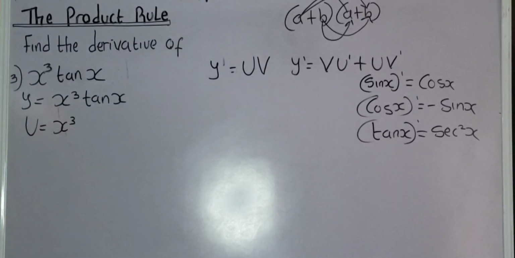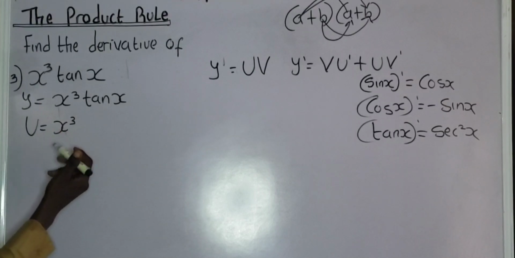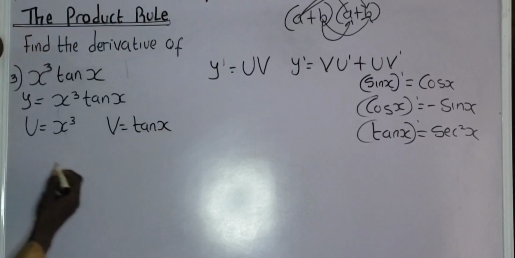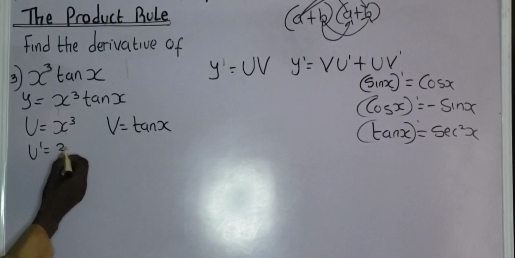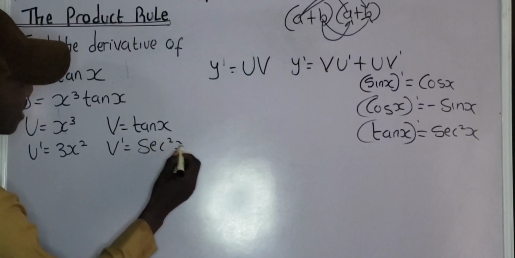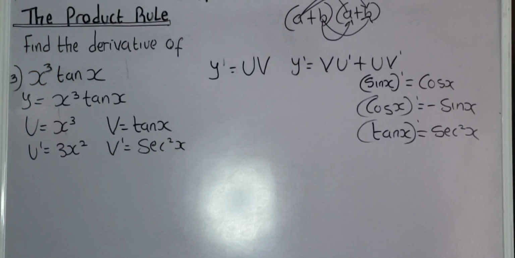So when you are told to take the derivative of a function using the product rule, the first step is that you are going to identify your u and v, u being the first part and v being the second part of the function.